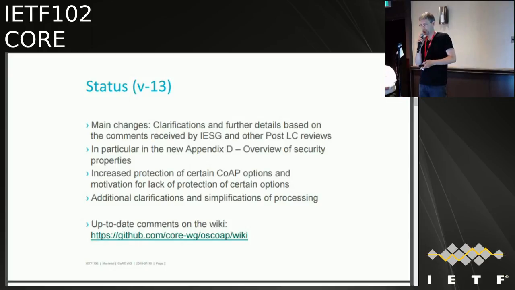We also put some additional clarifications and simplifications of processing. And all this, although not directly linked to specific review comments, is linked to the ISG review and the emphasis on the security properties and how to analyze the security of the protocol. And if you look at the wiki, you find how we have addressed the different review comments.